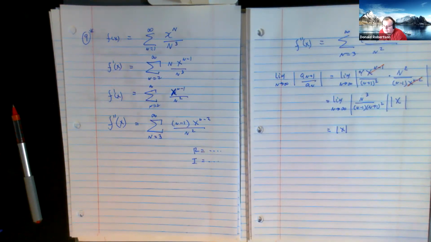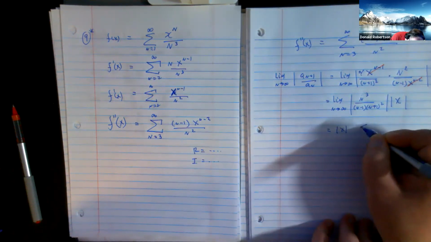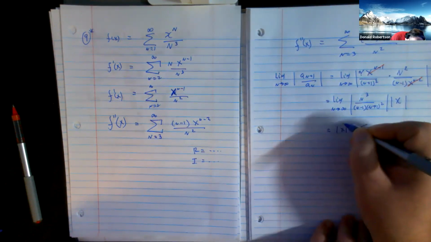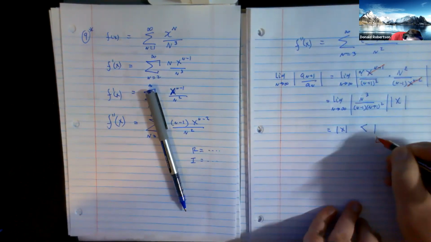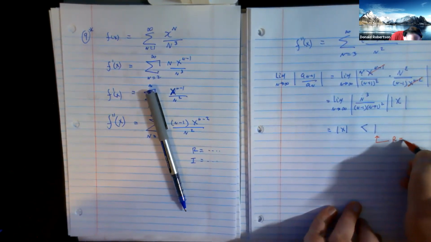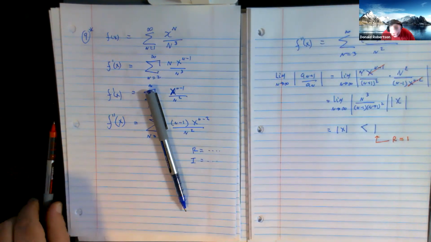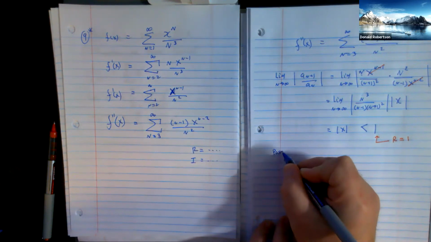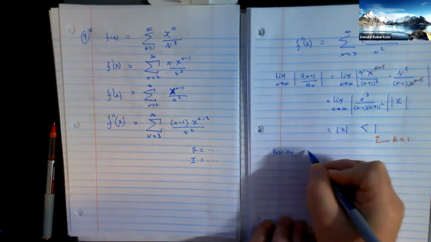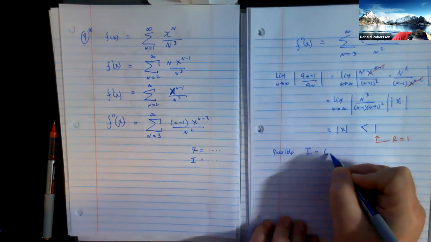Of course, doesn't that mean that it's only going to converge when the answer to the limit is less than 1? So we have just found our radius of convergence. It is 1. And now we're going to do the possible interval of convergence.